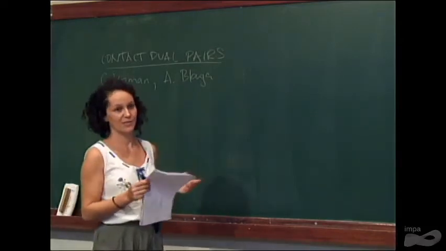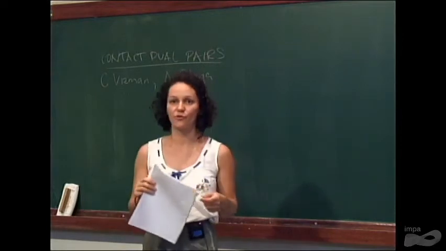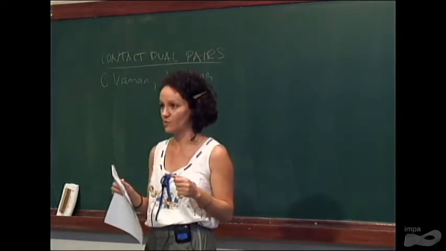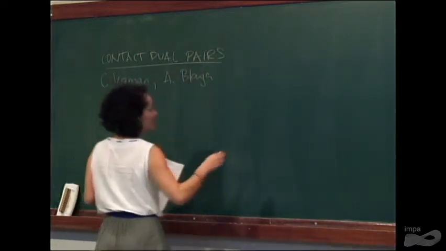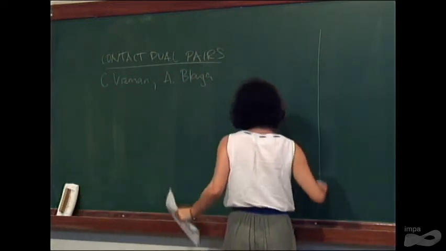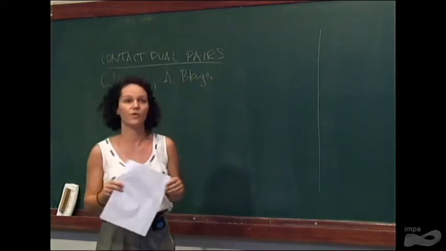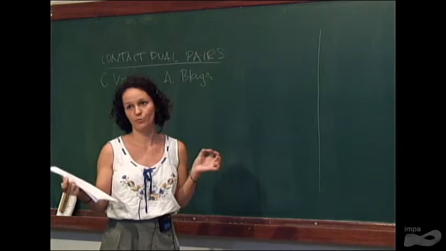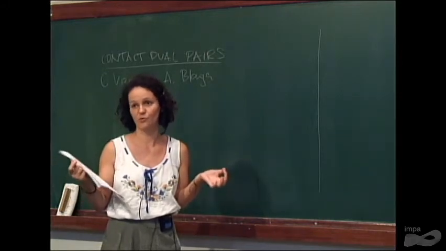What inspired us to get to this notion of contact dual pairs is this topic about symplectic dual pairs. So let me tell you a little bit about these symplectic dual pairs. You can think about them as Morita equivalences between two Poisson manifolds.